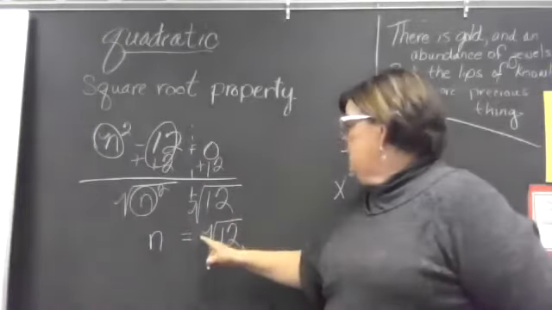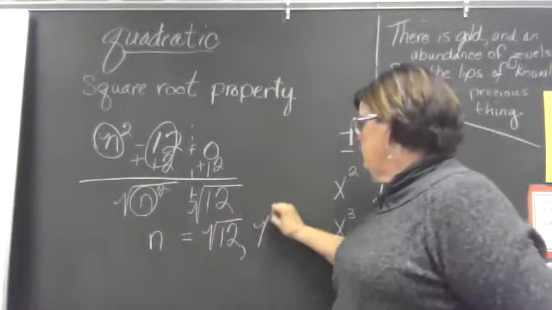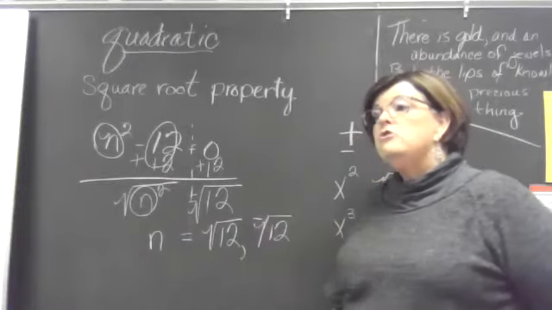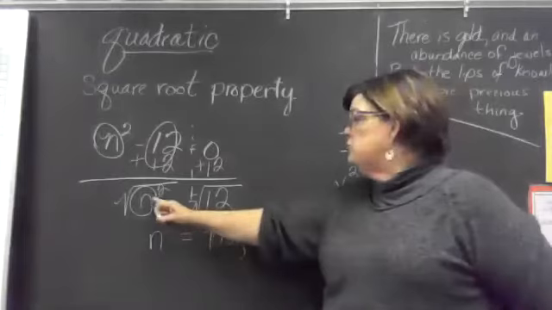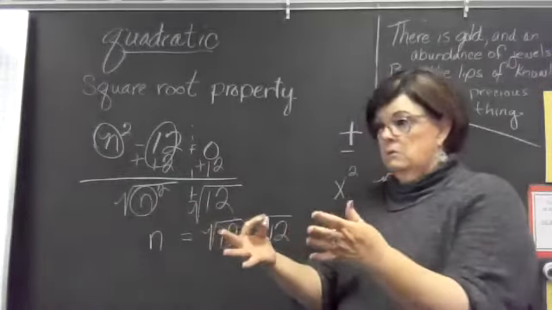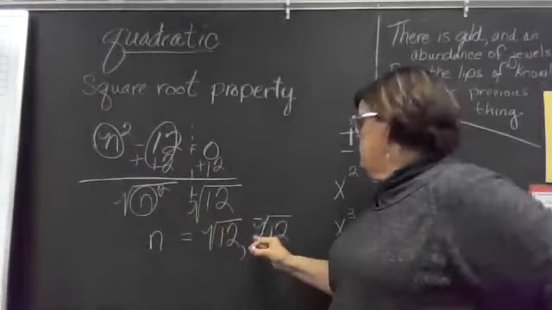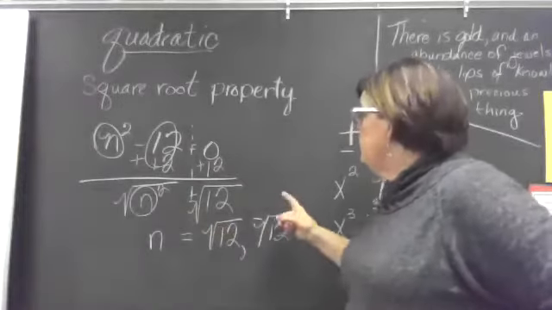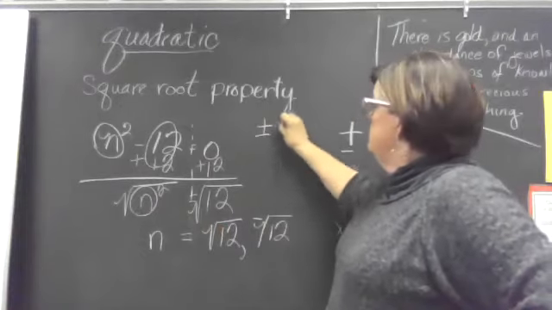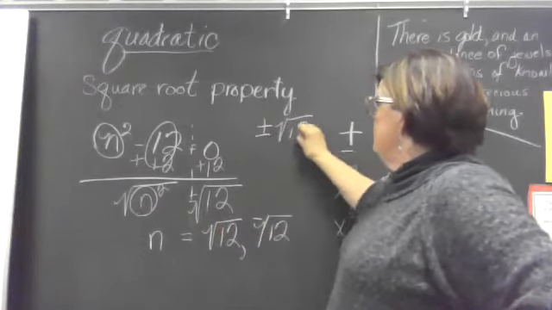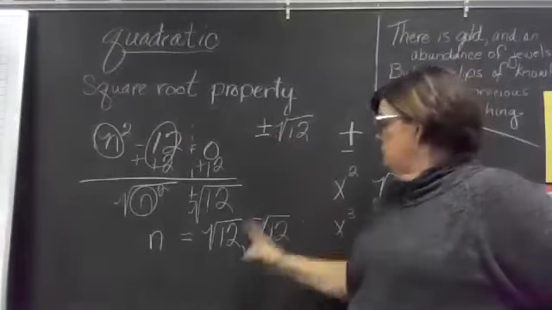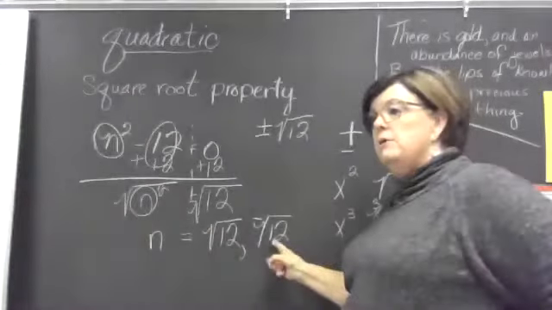There is a positive square root of 12, and there is a negative square root of 12. When you take the square root of something, you always have the positive and negative answer. Okay? So on this worksheet, they're going to write it like this, plus or minus the square root of 12. You just need to know that this means there's two answers, this one and this one.